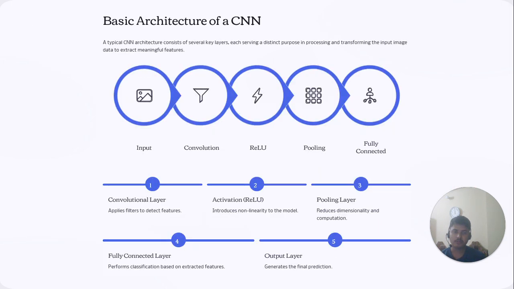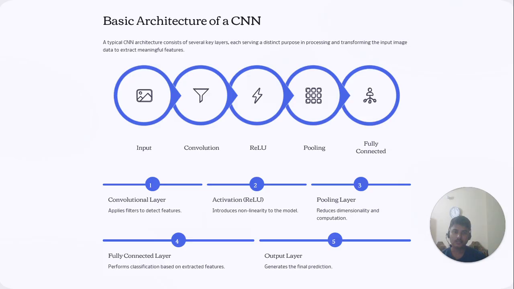In a basic CNN process, an image goes through a sequence of layers. First, convolutional layers apply small filters across the image to detect local patterns such as edges, textures, and simple shapes, which ultimately produce feature maps. Next, we use an activation like ReLU to introduce non-linearity, so the model can learn complex functions.